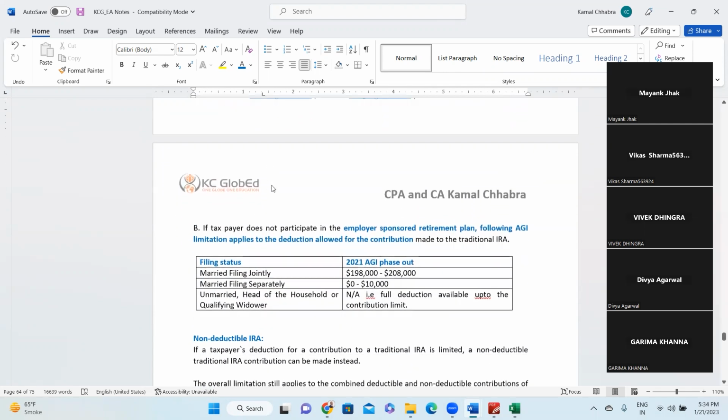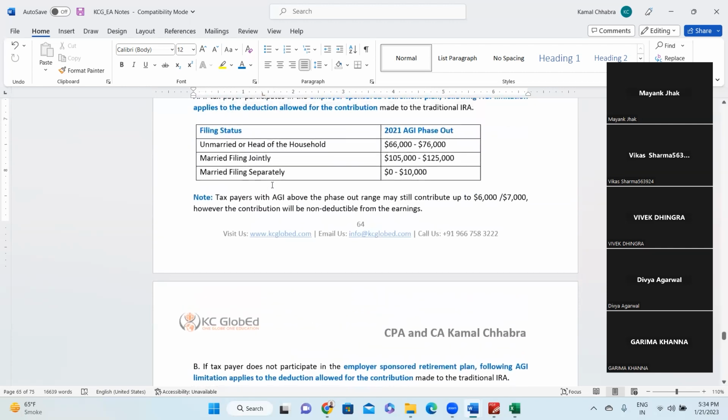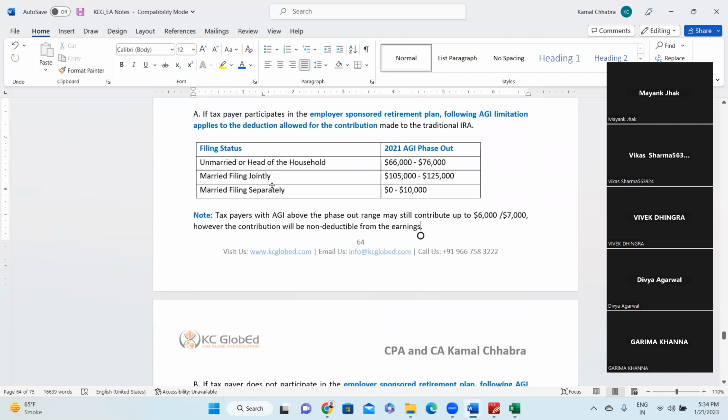Second, if the taxpayer does not participate in the employer sponsored retirement plan, then the following AGI limitation applies to the deduction allowed. So the first one, which we have discussed, is when you are already availing the benefit of an employer sponsored program, then the phase out limit is less, right?